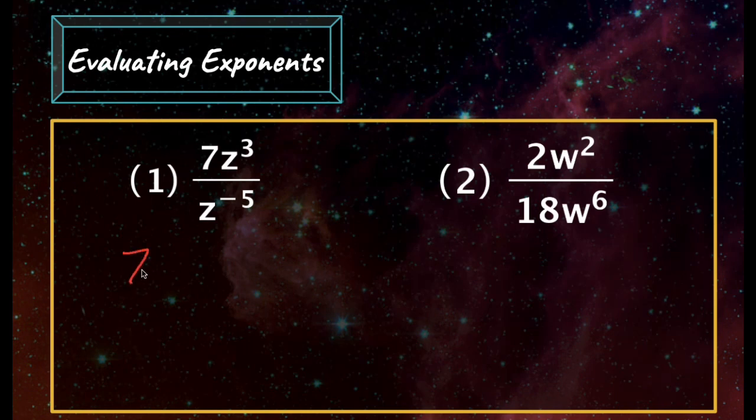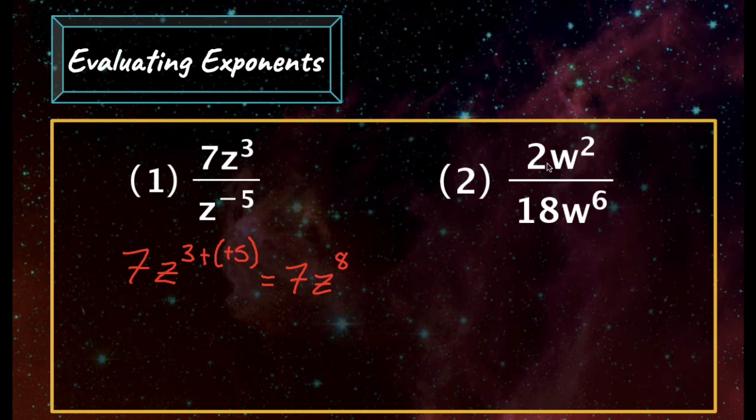So here we start off with 7, and we're going to have z to the power of 3 minus negative 5. Remember that the quotient rule tells us that when we have the same base dividing, we have to subtract the exponents. So this would be 7 times z to the power of 3 plus 5, which will be z to the power of 8.